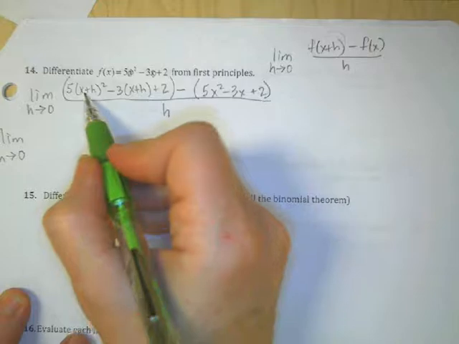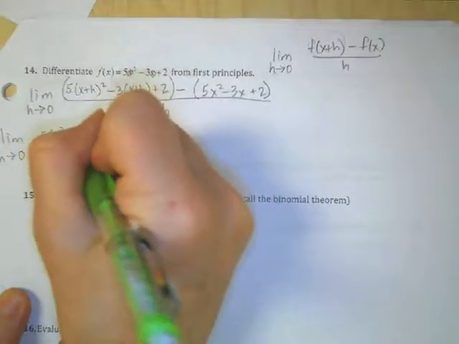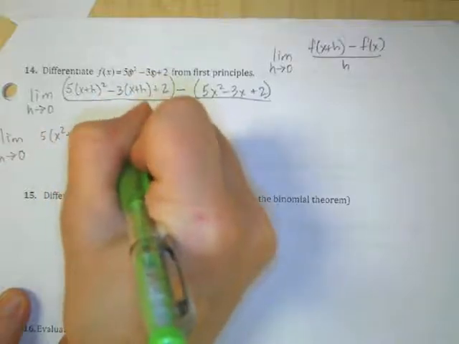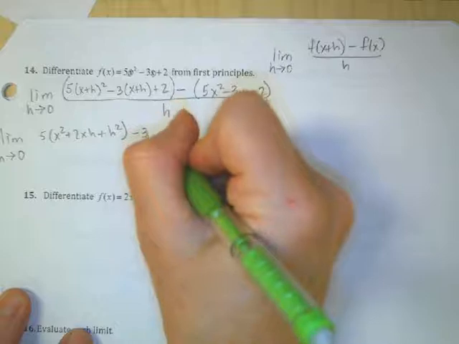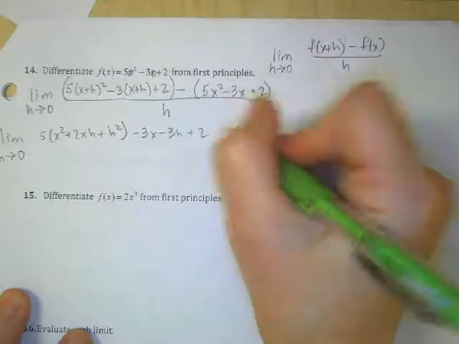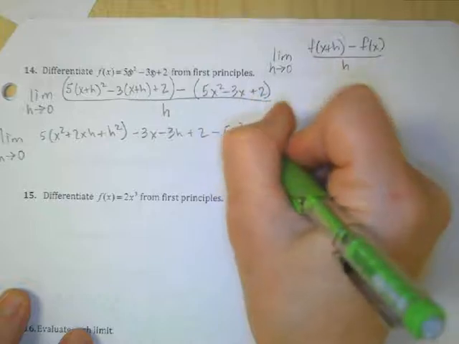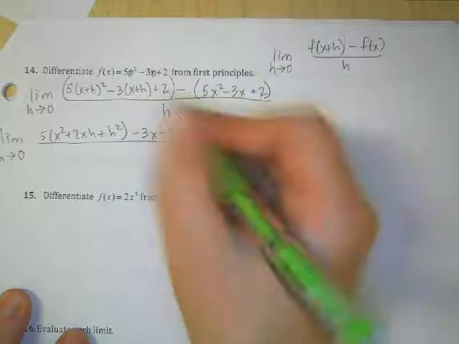and x plus h squared is going to give me x squared plus 2xh plus h squared. And we'll distribute the 3, negative 3x minus 3h plus 2. I'm going to go ahead and distribute this negative sign, minus 5x squared plus 3x minus 2, all divided by h.